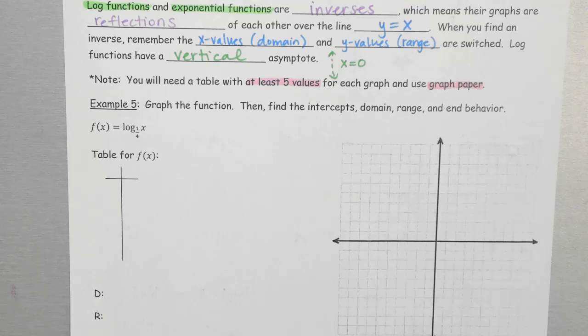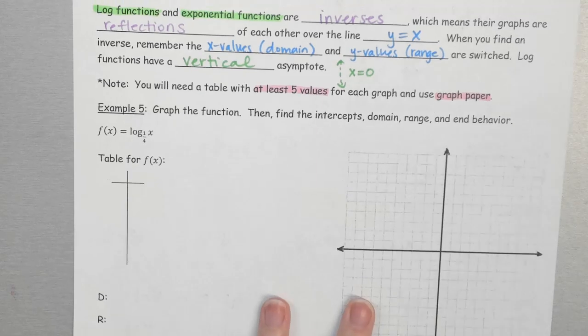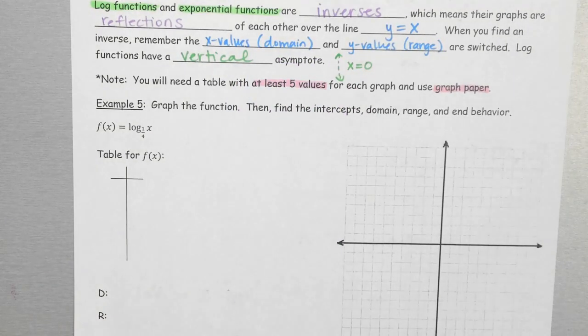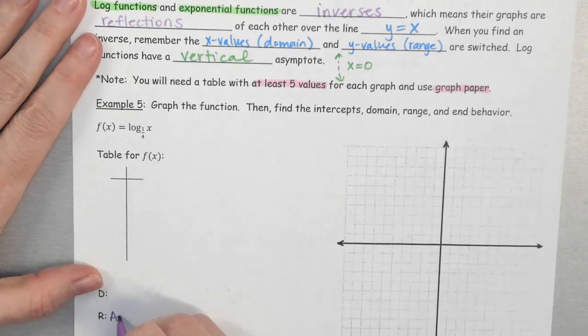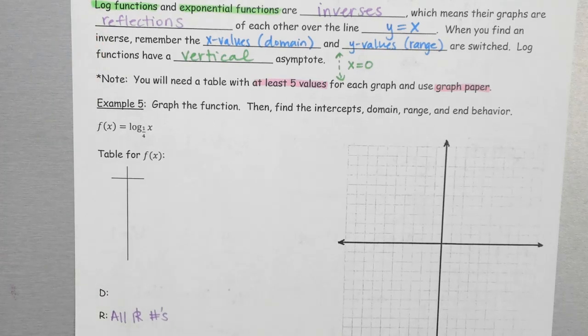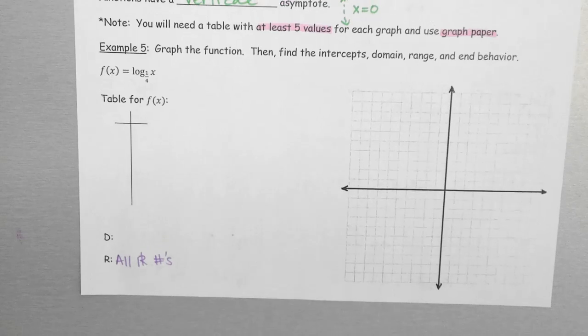You might remember that our domain for all exponential functions was all real numbers, but the domain and range are going to flip for inverses. So now our range is going to be all real numbers. So the range for log functions is all real numbers. We're also going to show that's true with the graph.